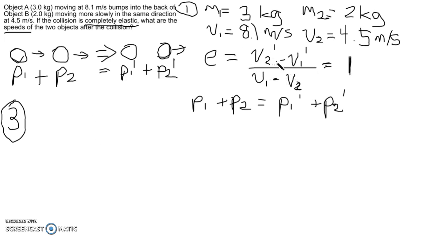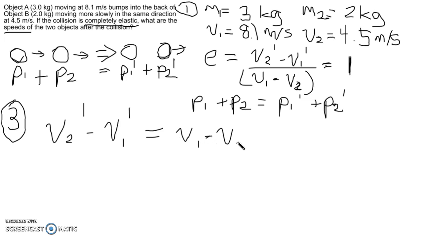So with this formula, what I'm going to do is multiply both sides by v1 minus v2. So you have v2 prime minus v1 prime equals v1 minus v2.